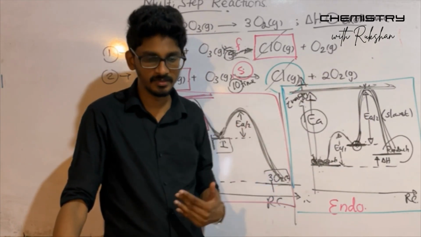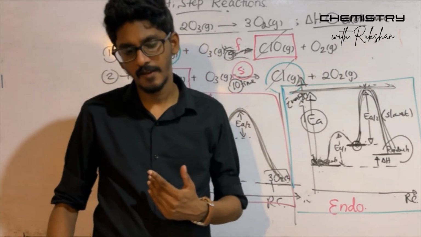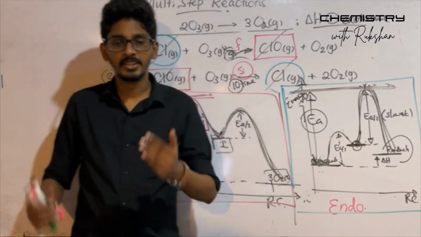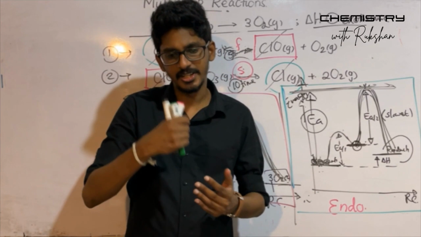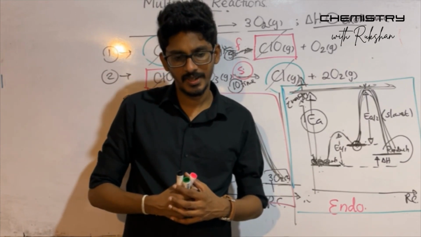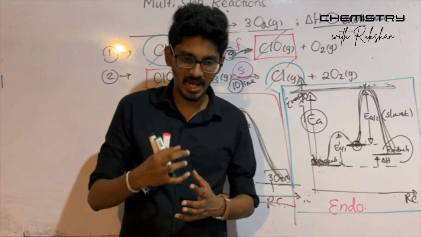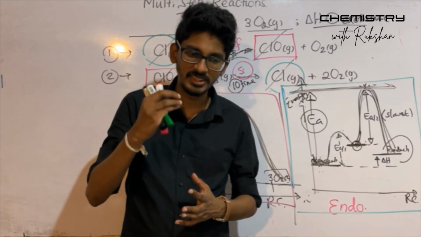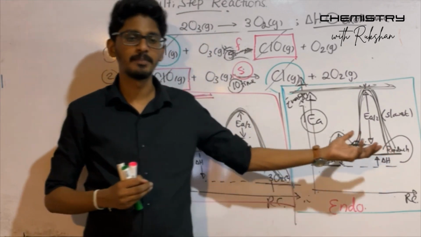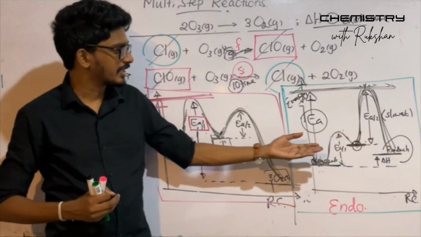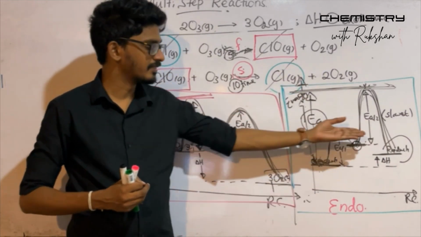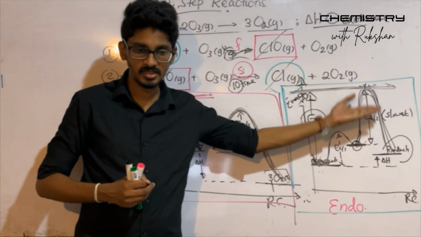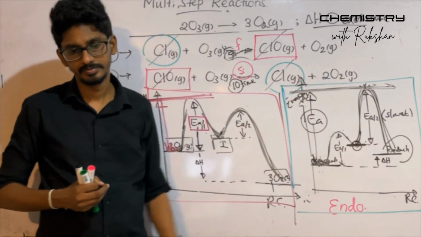That is what happens when the slow step is not the first step of your reaction pathway. The activation energy of the overall process will be a greater value than the activation energy of the first step.